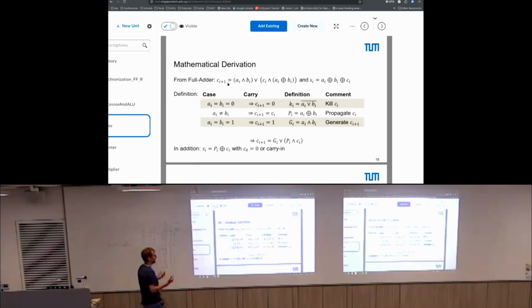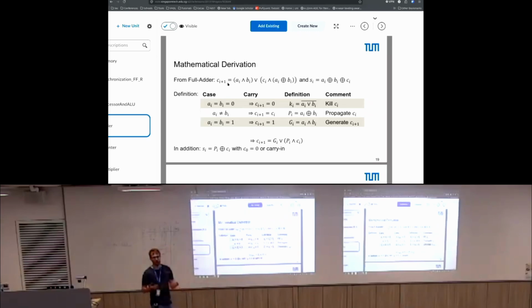So the basic idea is that we want to find a different representation of the next carry. Because if we don't, we just get a very long carry chain, and another description of that maybe allows us to find different ways that do not need these long carry chains.